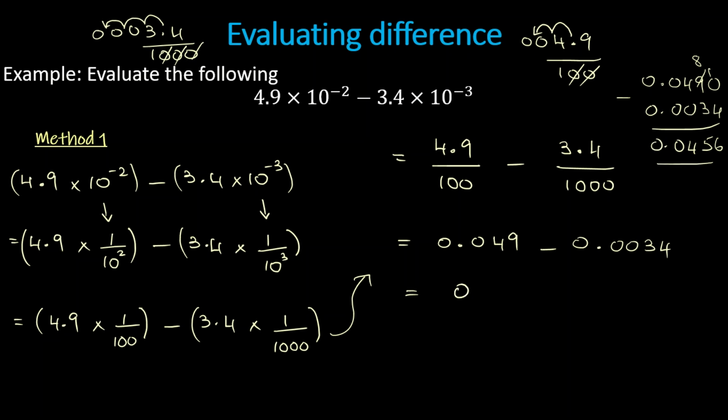So this is simply 0.0456. And now we have to convert this number in standard form by moving the decimal to the right. 1 decimal place, 2 decimal places. It's 4.56 times 10 power negative 2.